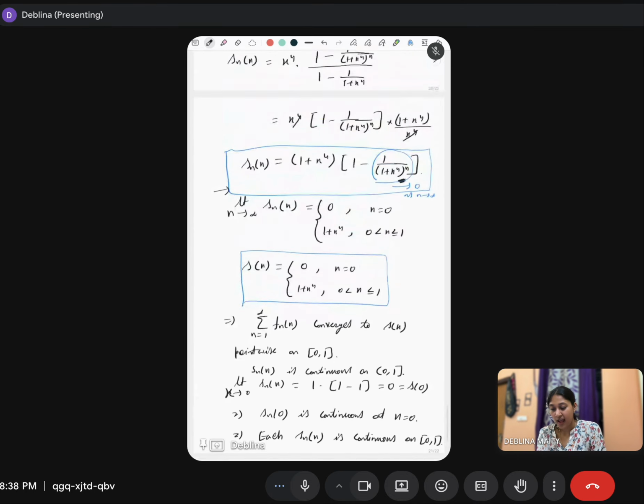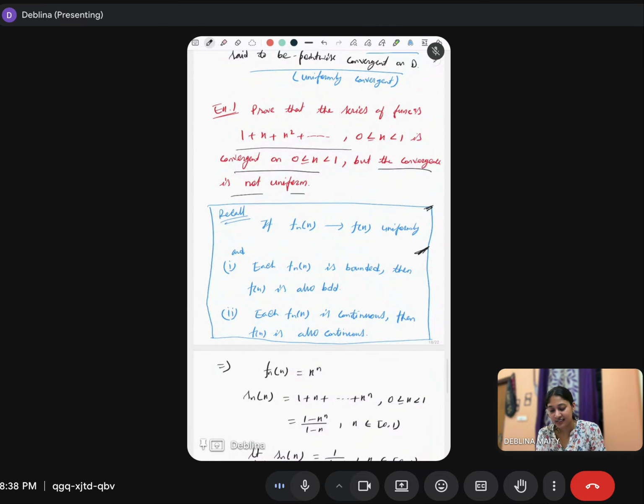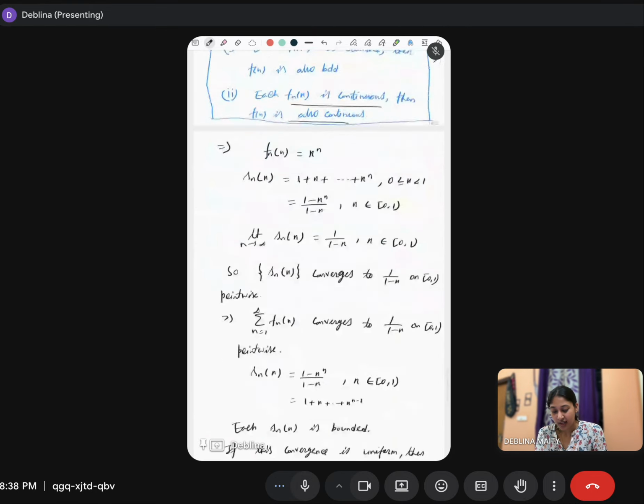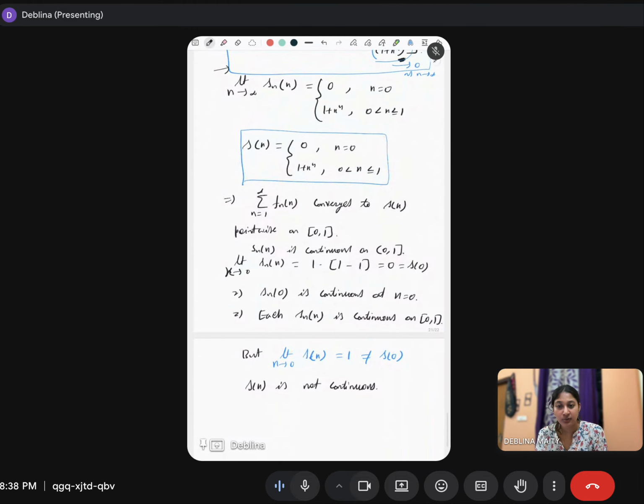And we have seen from the consequences of uniform convergence that if the convergence is uniform and each of these functions is continuous, then the limit function, the sum function, will also be continuous. And here we see that each S_n(x) is continuous, but the limit function is not continuous. So the convergence cannot be uniform, right?